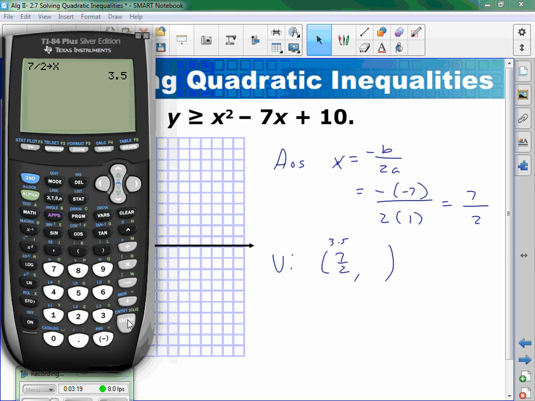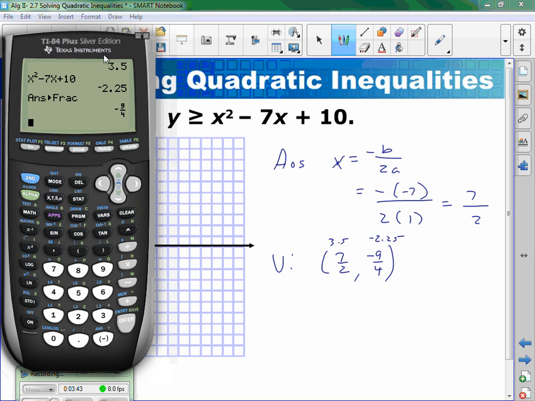Press enter. So everywhere I type x, it thinks 3.5. X squared minus 7x plus 10. Negative 2.25. Just to be consistent, I'll put negative 9/4, even though I know that's negative 2.25.